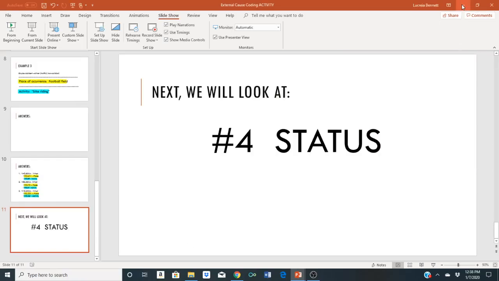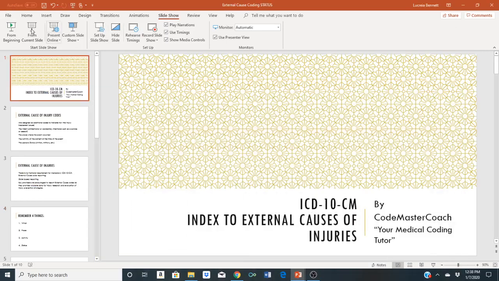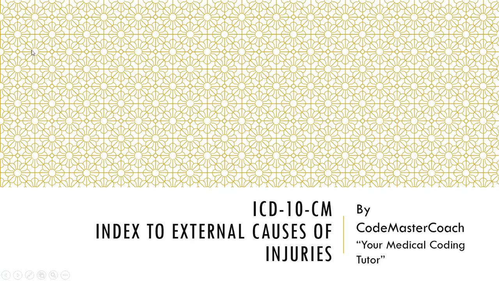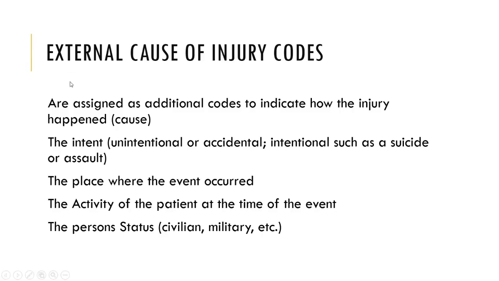All right. Next, we're going to look at number 4, which was status. Status of your patient. Again, moving on. Repetition. External cause of injury codes are assigned as additional codes to indicate how the injury happened.